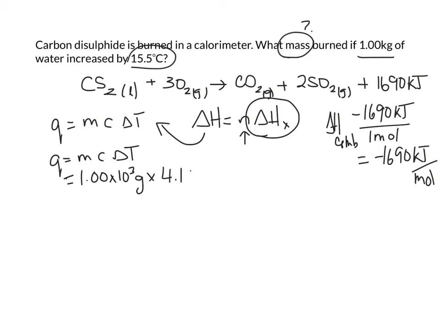I'm efficient. There's our specific heat capacity for water and 15.5 degrees Celsius. So, the temperature of the surroundings went up, so the system was exothermic, so we should end up with a negative enthalpy change.